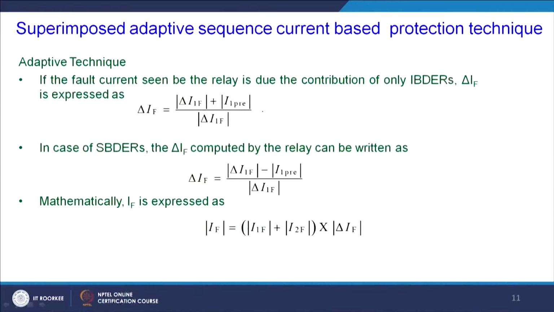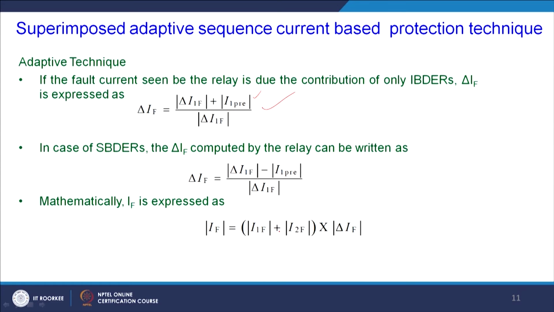Now, this is one of the impact factors, which is used for the inverter based DG. What is that? Delta I1F plus delta I1 free with respect to the superimposed fault current, that is delta I1F. That means, of course, in this case the numerator is greater than the denominator, and it will be multiplied with the corresponding fault current.